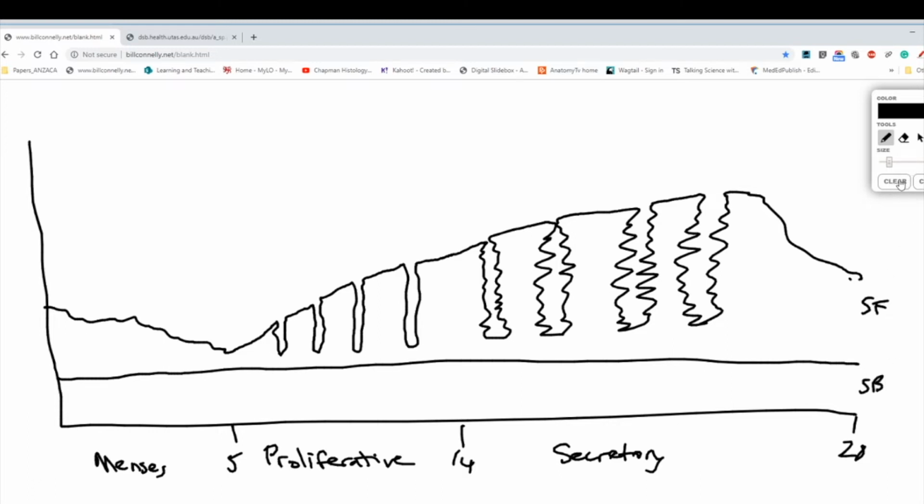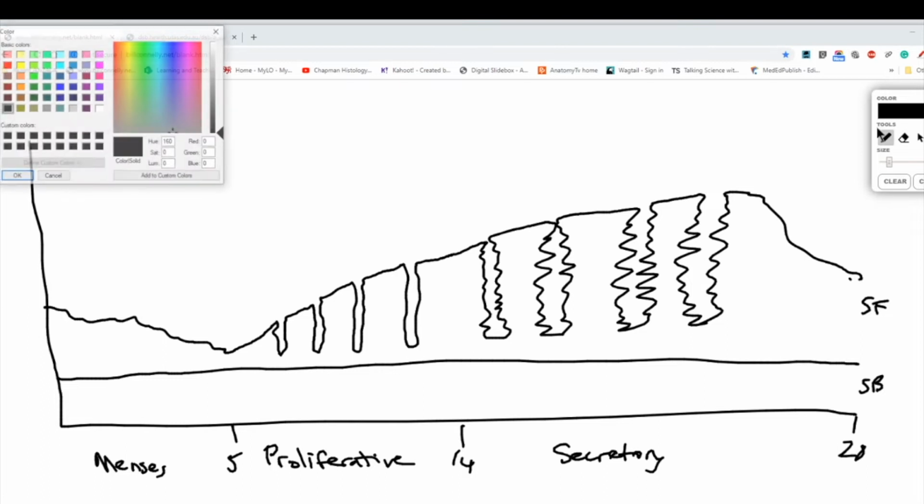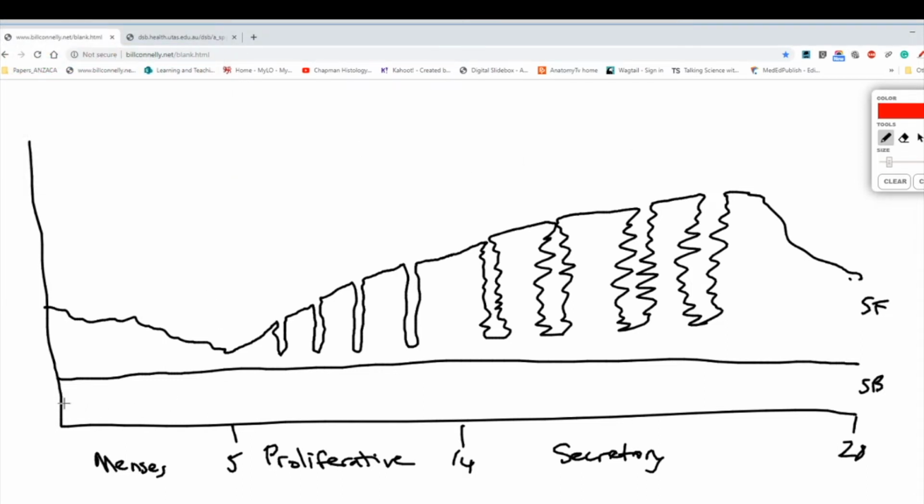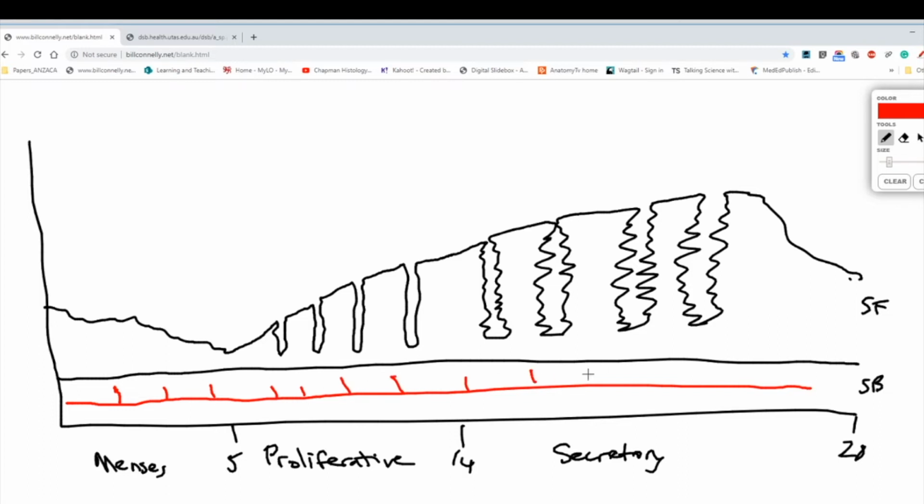Now, a really important part of this as well, I almost pressed clear again, goodness gracious. We have our blood vessels, so we have our blood vessels here. And so down here we actually have our straight arterioles. Okay, so we have our straight arterioles. And then from the straight arterioles, now these are damaged because of course we've had vasoconstriction of these straight arterioles.